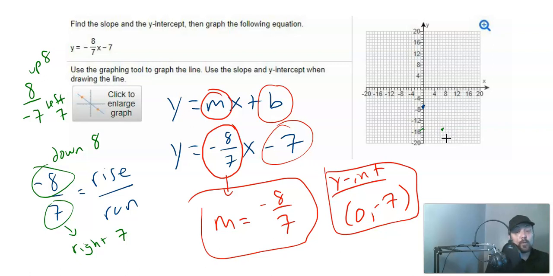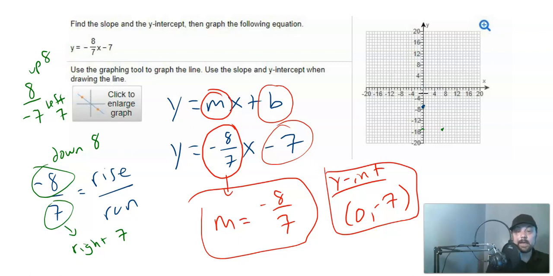And that's really all you need, because now we have 2 points, right? We had the one we started with, and then we have the one that we found using the map. And that is enough for us to see the line, right? We just connect those 2 points with a straight line, and there's your graph. But just to illustrate that, you could also have done it this way, and you get a different point, but it lines up exactly on the same straight line. We could go up 8.